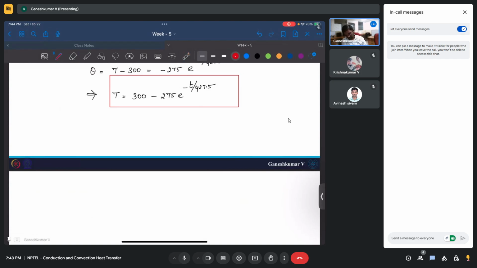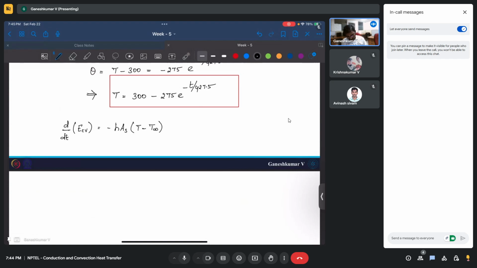So basically, if you remember, d by dt of energy within a control volume is nothing but E dot in minus E dot out, plus E dot generated. This is our energy balance, and we said there is no E in and no E generated, and we have only E out, and we know E out is nothing but minus h A s (T minus T infinity), or in this case it's T minus T gi.